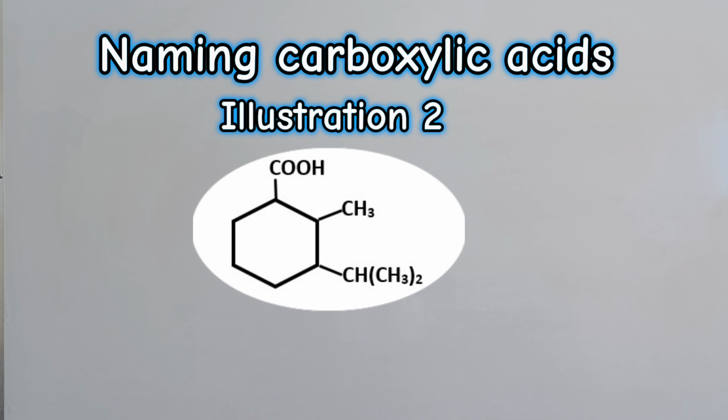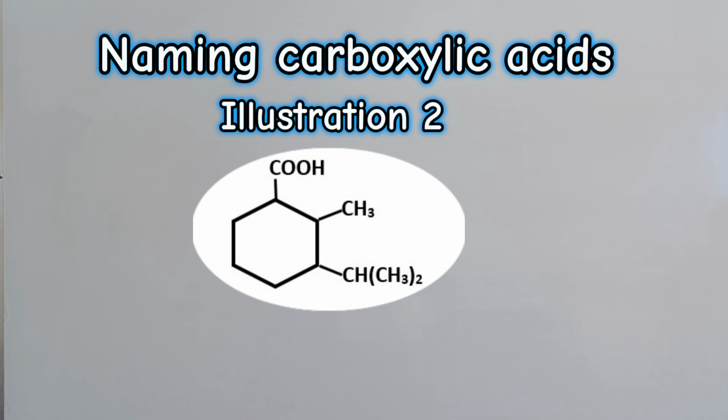As we number our carbon atoms, we must make sure that we start from the carbon atom that is attached to the carboxyl group, and also the direction of numbering, that is either clockwise or anti-clockwise, must be in such a way that the 2 substituents that are attached on our cyclic compound are assigned the lowest numbers possible.